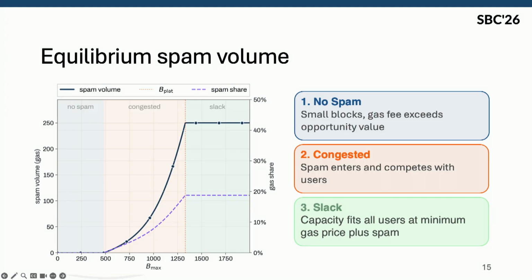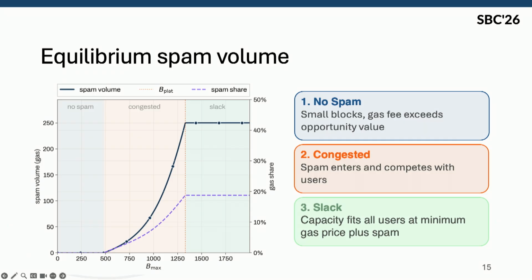The first region in blue is the no-spam region, which means that there are very small blocks, so the opportunity size is very low, so no spam will really enter the blockchain because it's not even profitable for them to do so. The second region in orange is the congested region, where the spam will enter and compete with the users to try to grab the opportunity.